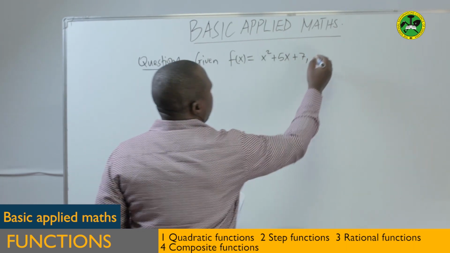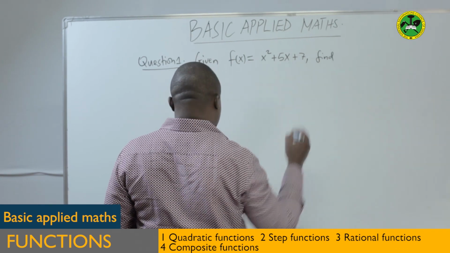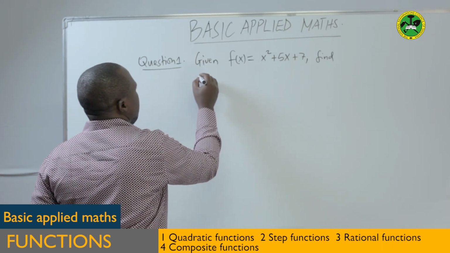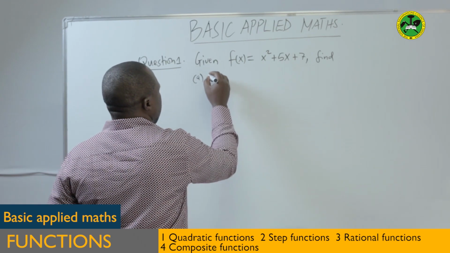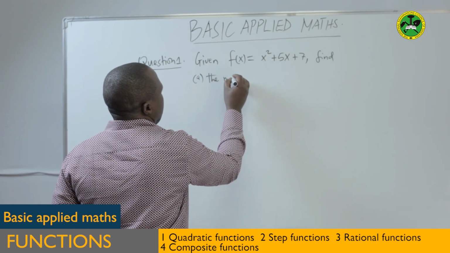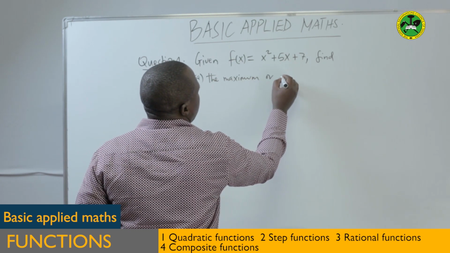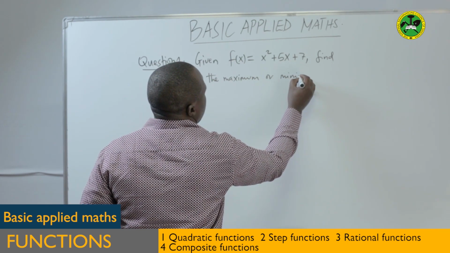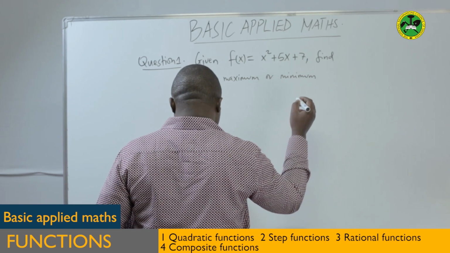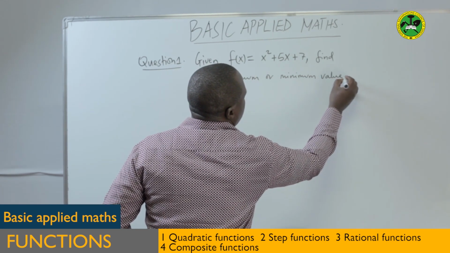Now, from this point, we find A, that is the maximum or minimum value.